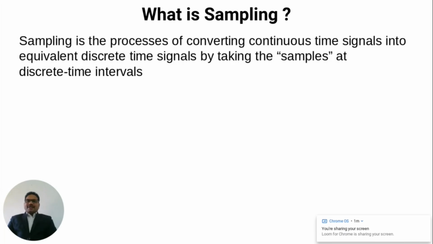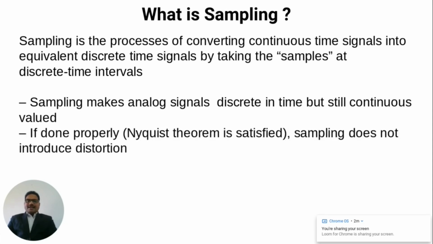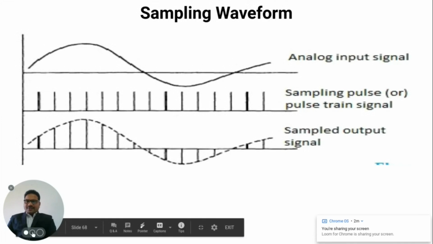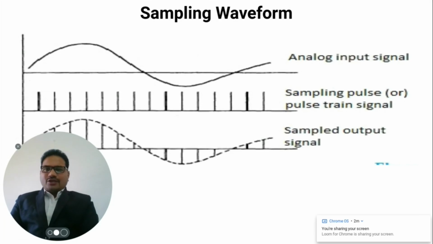Sampling is the process of converting continuous time signals into equivalent discrete time signals by taking samples at discrete time intervals. Sampling makes analog signals discrete in time, but still continuous in value. If sampling is done properly, that is, if the Nyquist theorem is satisfied, then sampling doesn't introduce any distortion. You can see on this screen the sampling waveform.